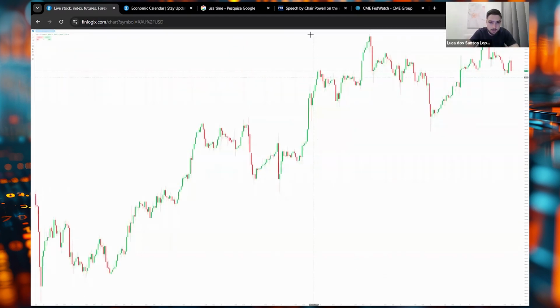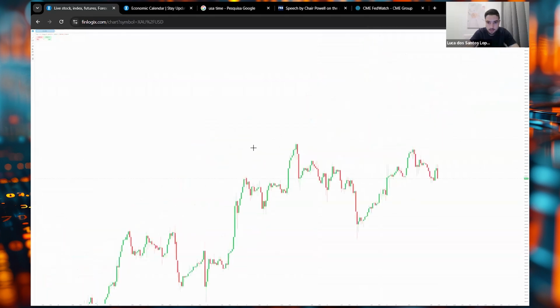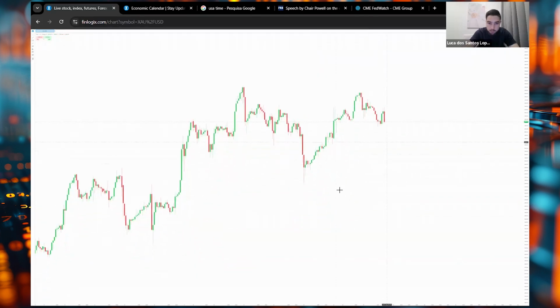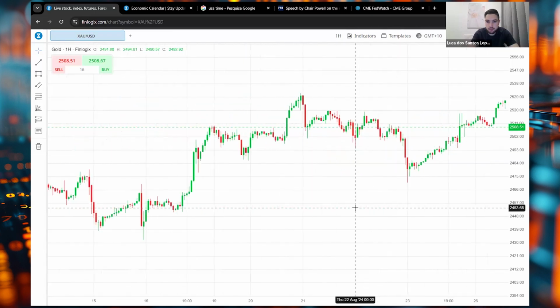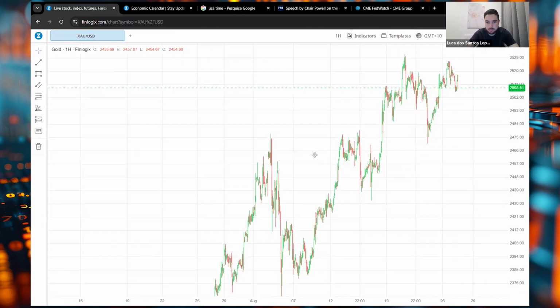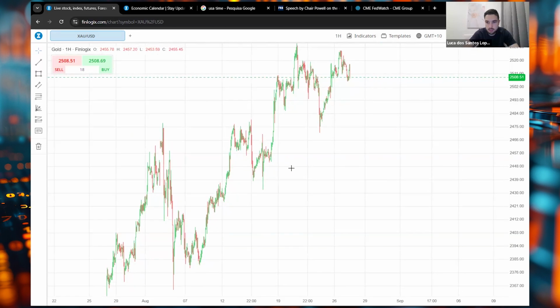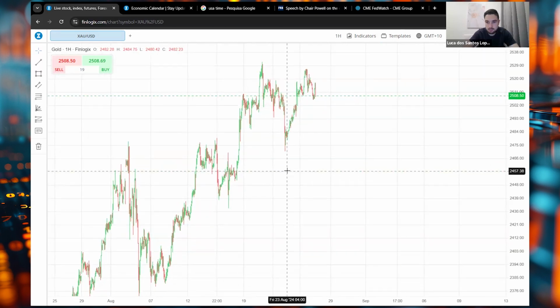And then gold. Gold has always been very strong. I'm expecting a pullback on gold somewhere at these levels here. But it's a very tricky scenario to expect a pullback from gold until 2,460, around that.